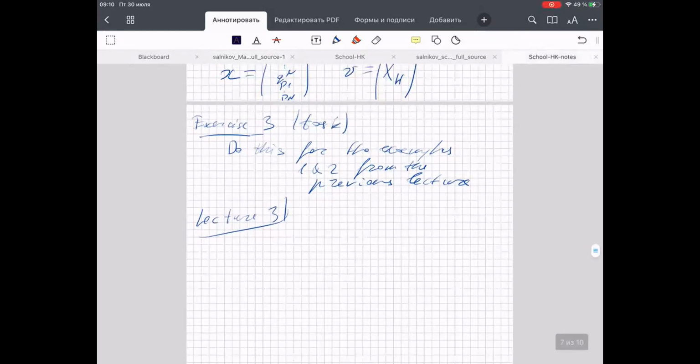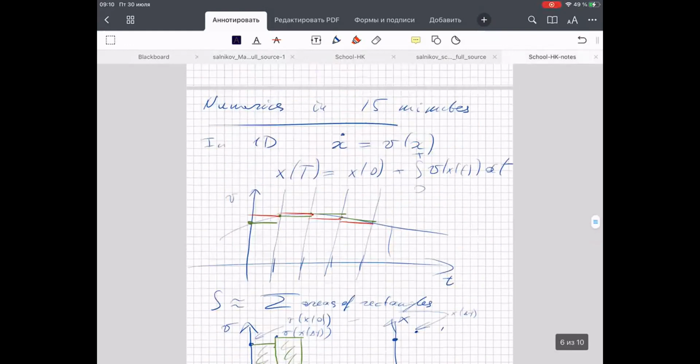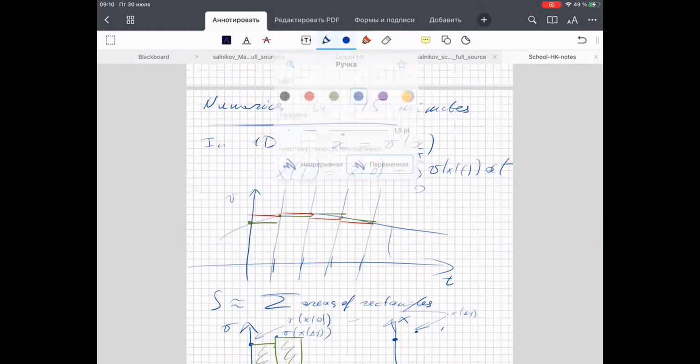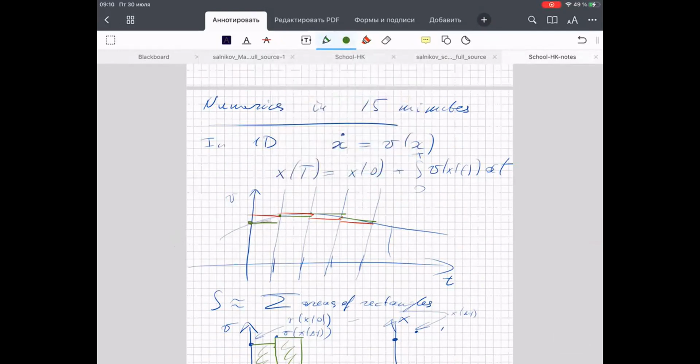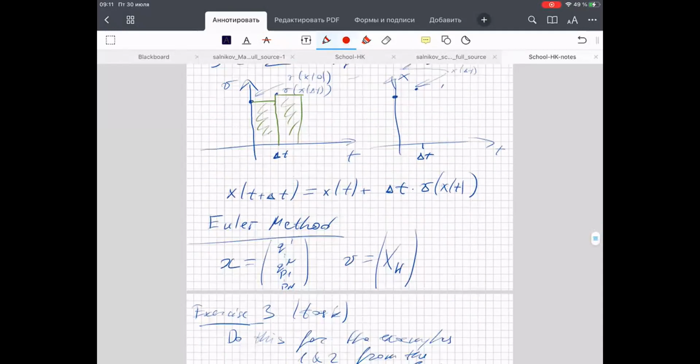You remember what I told you, that we are actually approximating the integral, right? So we are trying to compute the solution of a differential equation, and at each time step you produce some error. Either you underestimate the value or overestimate it, but you almost never get to the exact point.